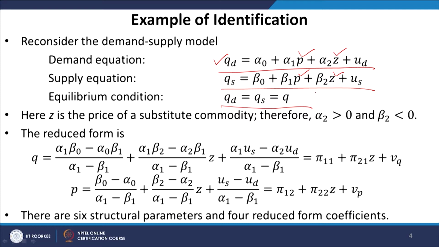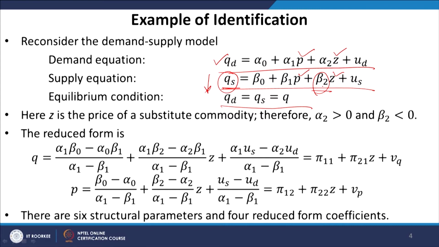On the other hand, beta 2 is expected to be less than 0, because if the price of that substitute commodity is growing, then producers or farmers would start producing that commodity more, and as a result the supply of this commodity will go down. That is why we expect beta 2 to be less than 0.